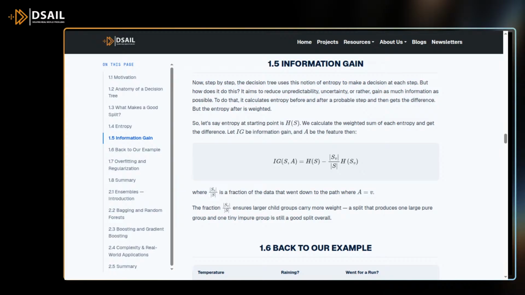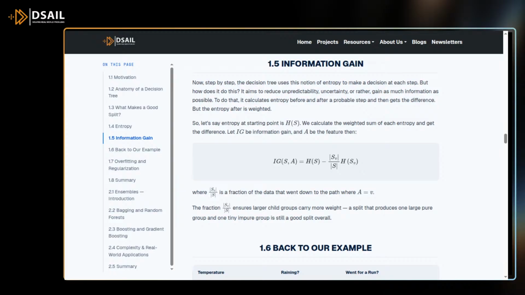You get that point? So for example, we do not know whether they are going to run or not, and we have the total probabilities of run or not run, so we calculate that entropy. Then we make a split and say, okay, if the temperature is hot or cold, then we have these 2 children results. You get that point? And then we calculate each of their entropies. This is what HS is doing there.